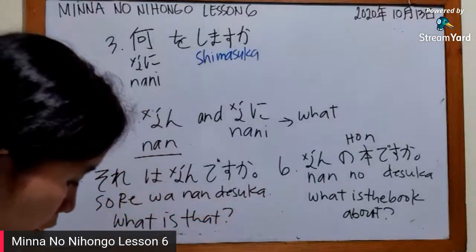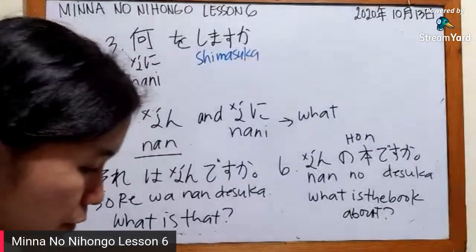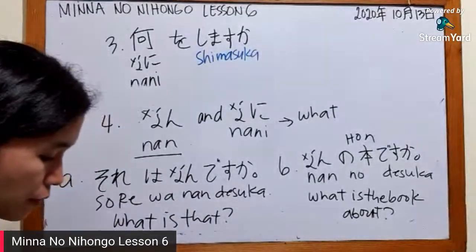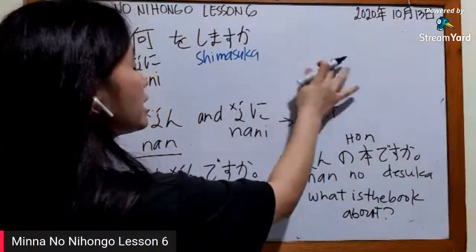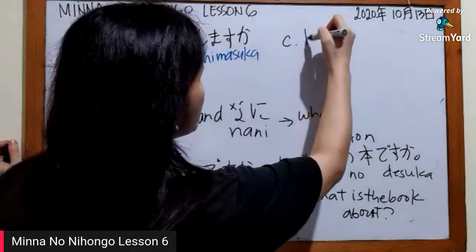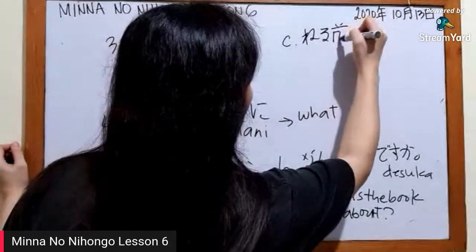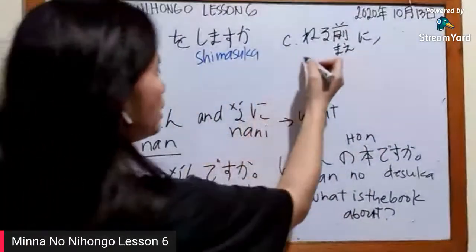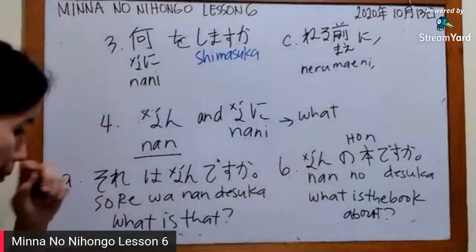So we have there A, B, and then what else? This one, we will not yet study, but this is just an example. It will be in lesson 21. So that is nerumae ni.